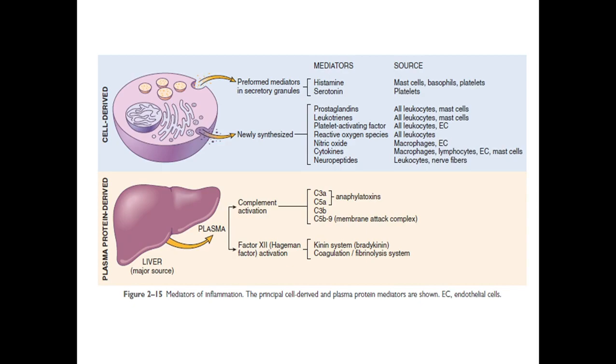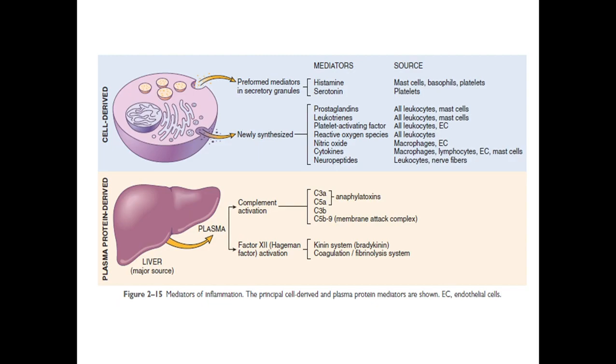This is the schematic presentation or figure for the mediators of inflammation. We have the cell-derived mediators اللي هي preformed، تقسم إلى preformed mediators in the secretory granules like histamine and serotonin، واللي هي newly synthesized on need. يعني preformed اللي هي stored mediators in the granule، واللي هي synthesized newly on need اللي هي prostaglandin, leukotriene, platelet activating factor, reactive oxygen species, nitric oxide, cytokines, neuropeptides, all these.